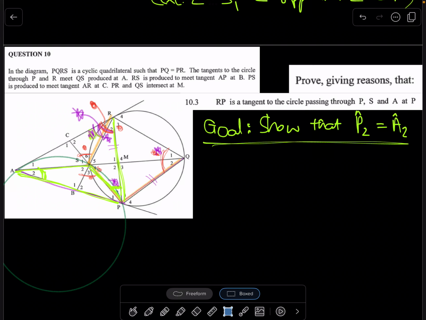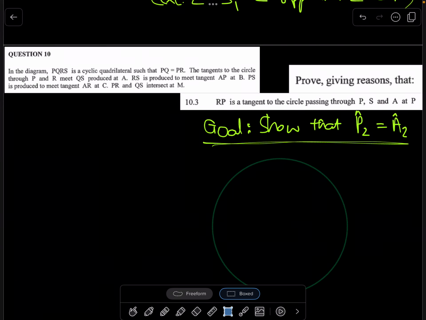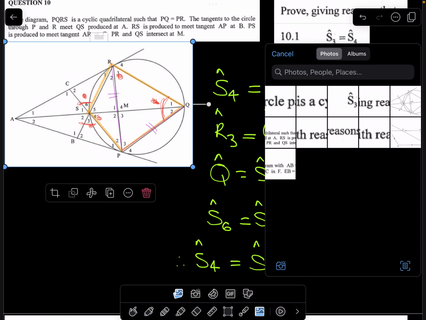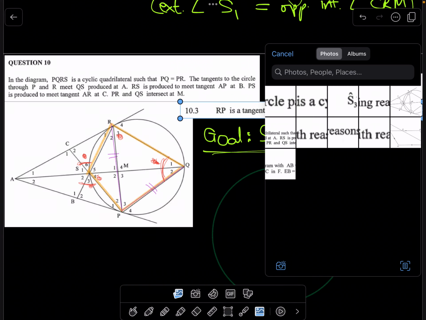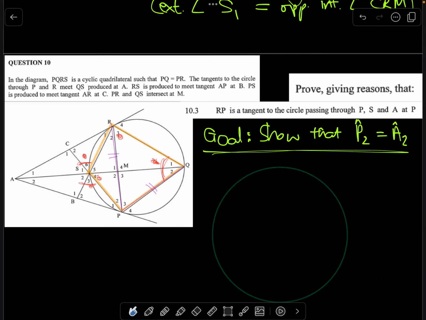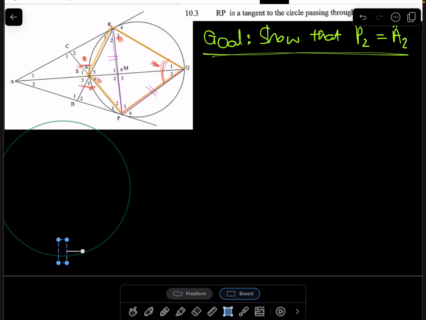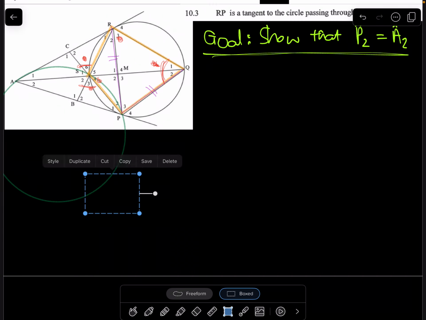Okay, so I'm just going to move this circle, get rid of this, get the other diagram, and just start again. Okay. Close enough.